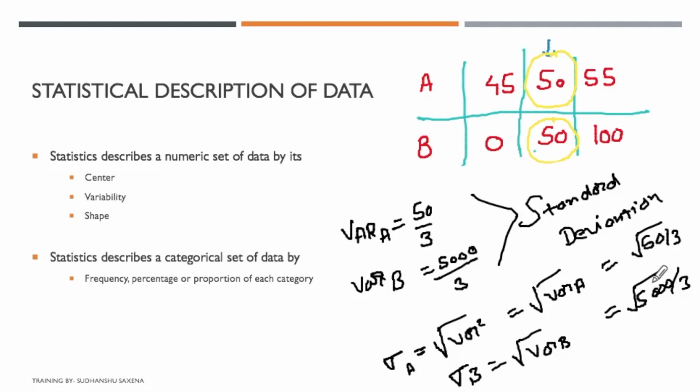So if you say 50 by 3, this value is representing how the three elements 1, 2, 3 are away from each other, how much they are away from each other. So there might be some data where all the elements are nearby to each other, and there you might have some data where all the elements are quite away from each other, right? And this is actually the deciding factor of how your data is shifting.